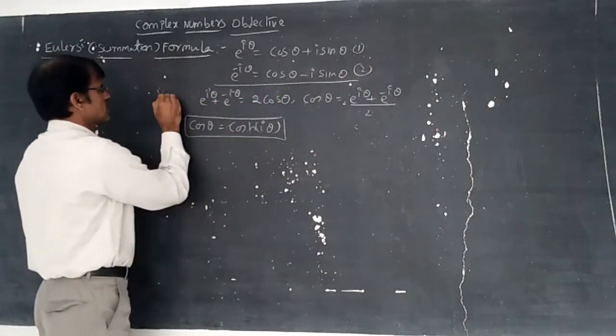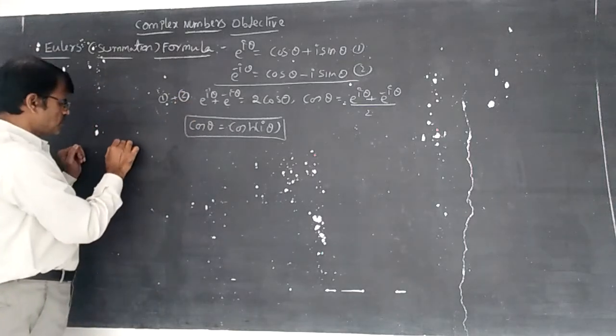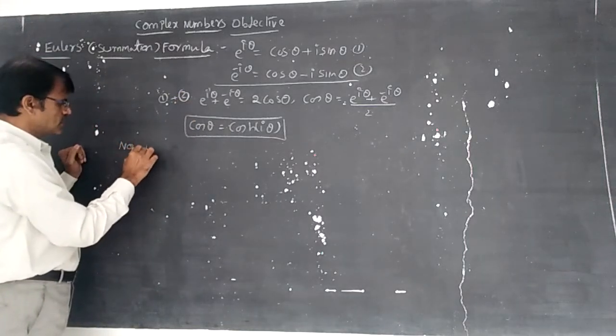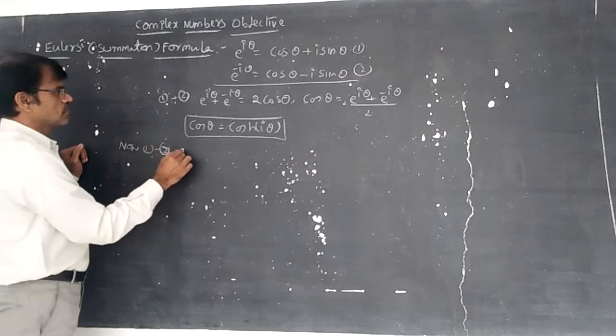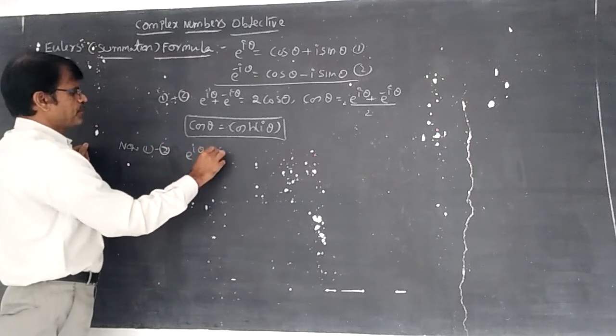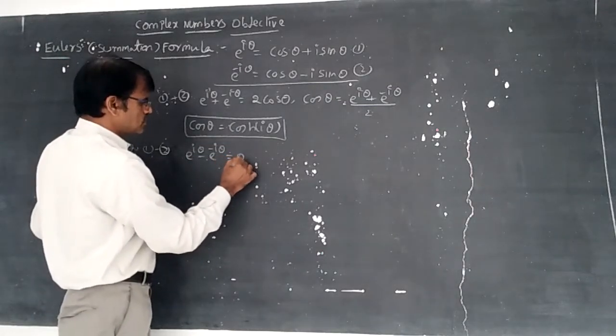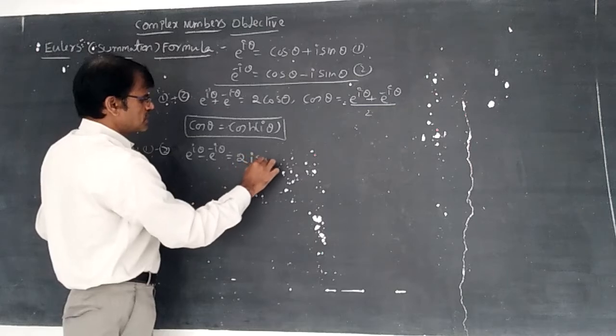First equation and second equation added. Now, subtract first equation minus second equation. So, e power i theta minus e power minus i theta is equal to 2i sin theta.